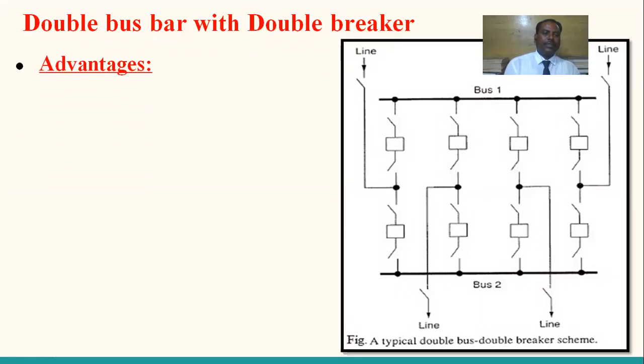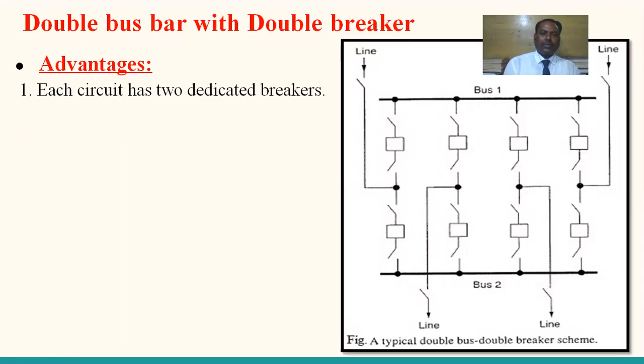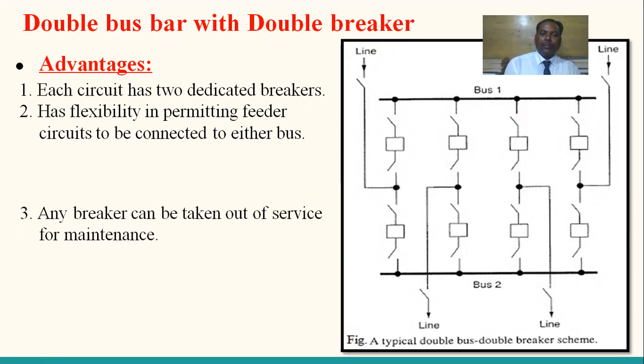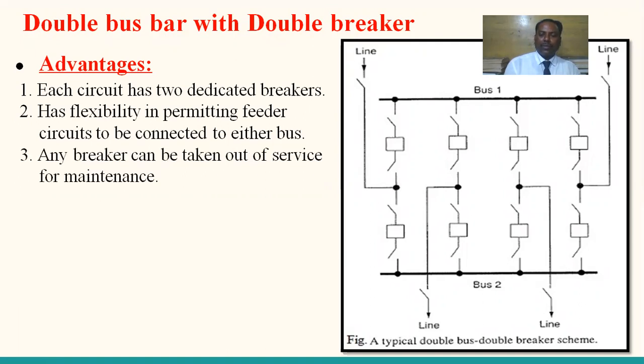Advantages. Each circuit has two dedicated breakers. So obviously every circuit has two breakers. It has flexibility in permitting feeder circuits to be connected to either bus. Any breaker can be taken out of service for maintenance.